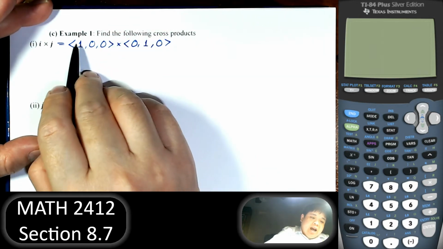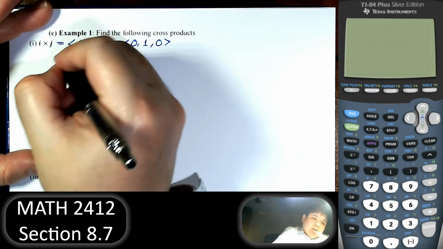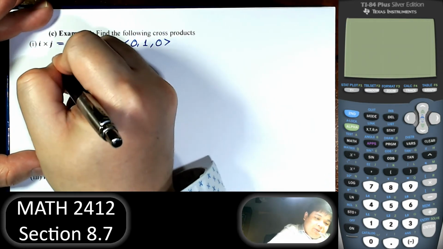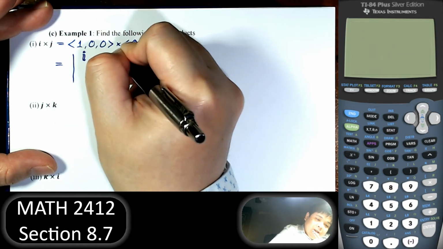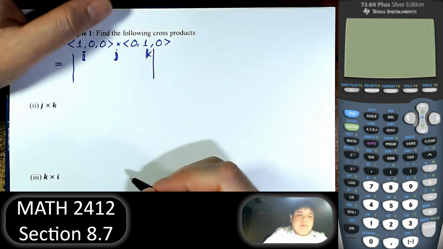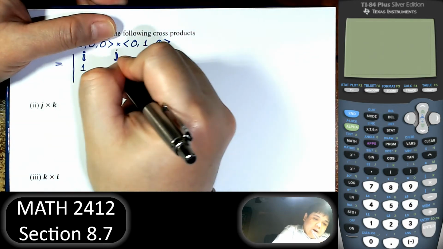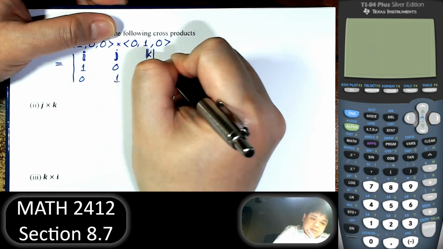So 1 in the x direction, 1 in the j direction. So what is the cross product? Well, just do it. i, j, k, 1 0 0, 0 1 0.